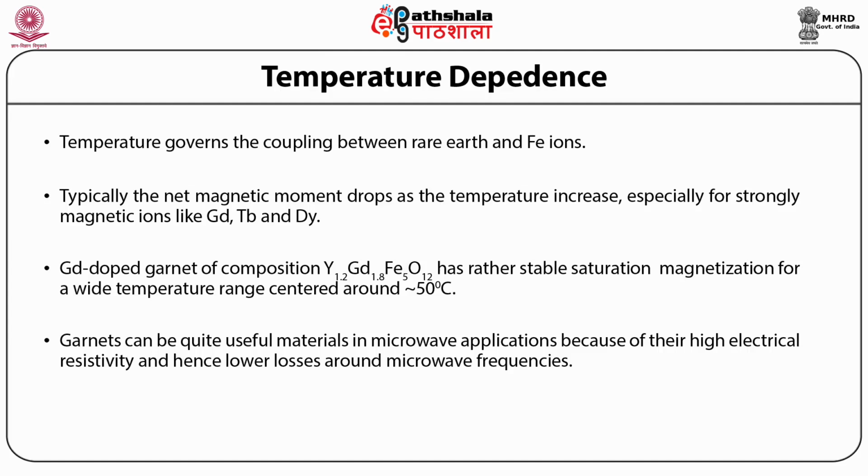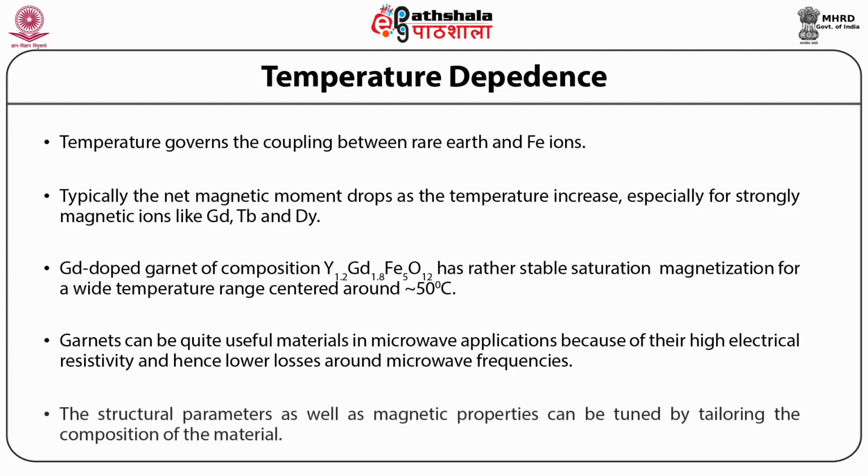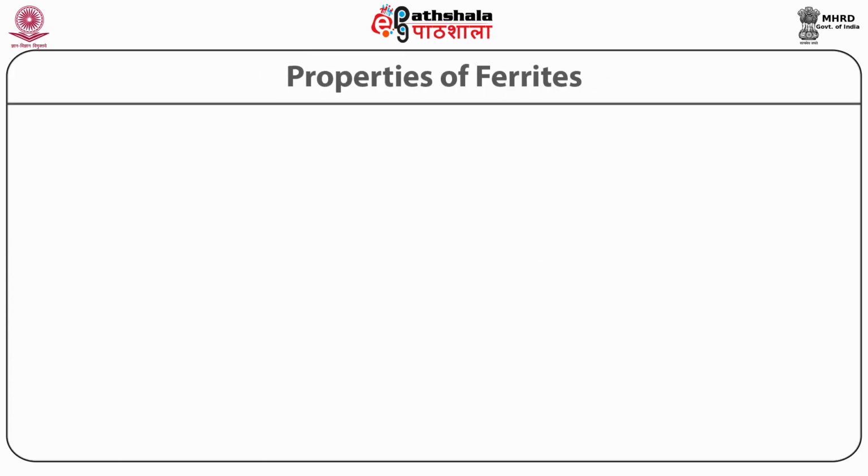The material is also easy to synthesize in either bulk polycrystalline ceramic, single crystal, or thin film forms. The structural parameters as well as magnetic properties can be tuned by tailoring the composition of the material.